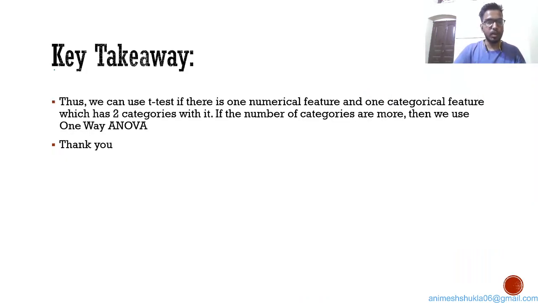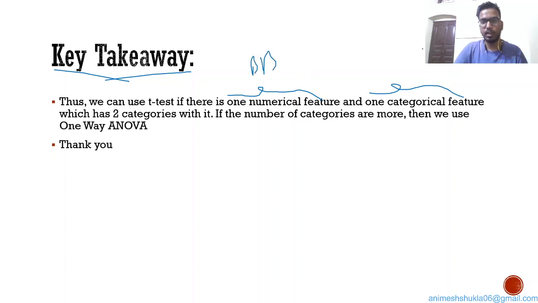So the key takeaway over here is when we can use the t-statistic for our data. We can use a t-statistic when we have one numerical feature and one categorical feature. The numerical feature was bank balance in our case, and the categorical feature was gender in our case. And make sure that the t-test is only used when this categorical feature has only two categories, right?